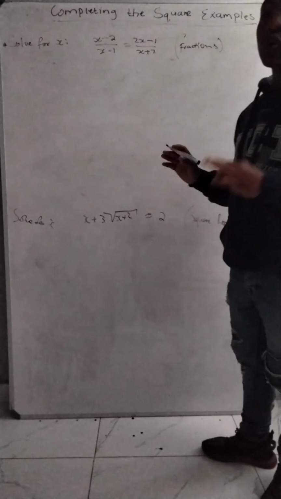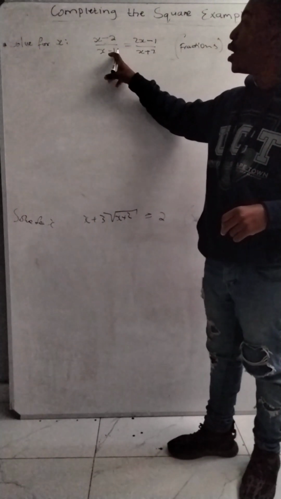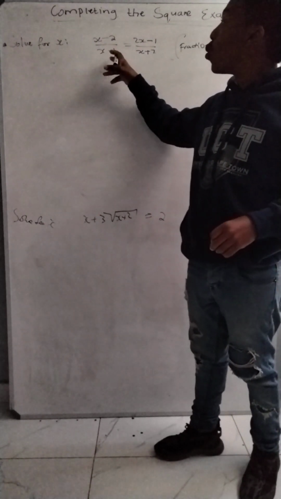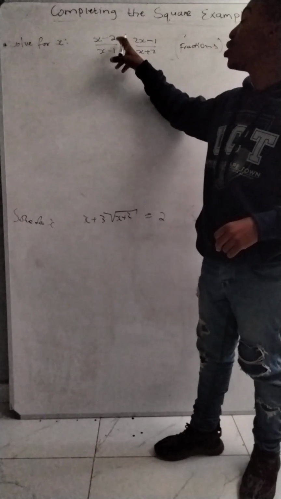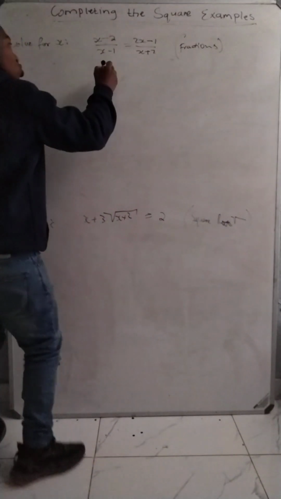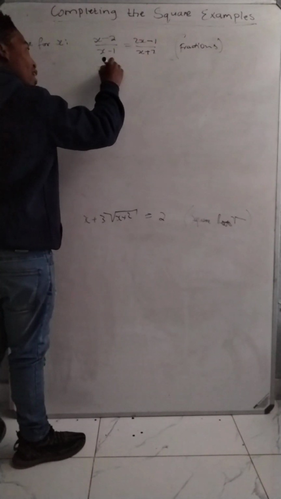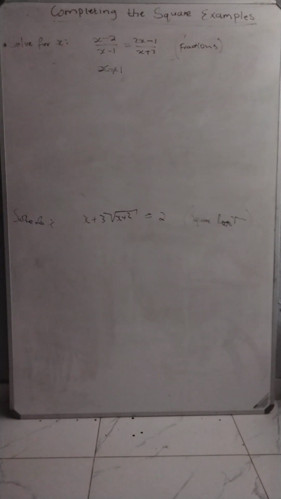So before you even go anywhere, if you have x minus 1 as a denominator here, if x is equal to 1, you'll have 1 minus 1 equals 0. Therefore, you cannot have x equal to 1. So your first free answer is x is not equal to 1. We write it like that.